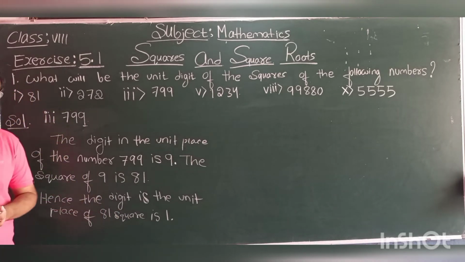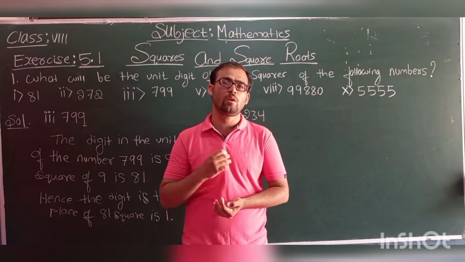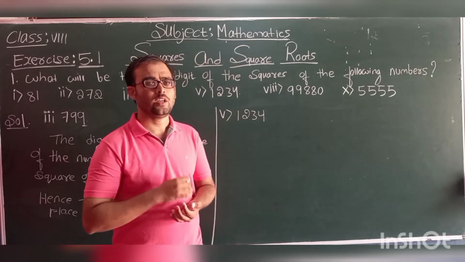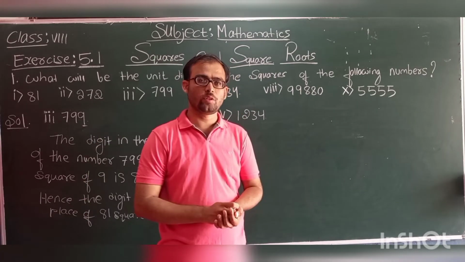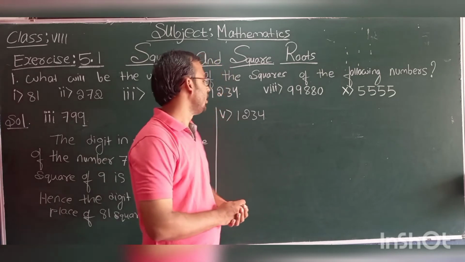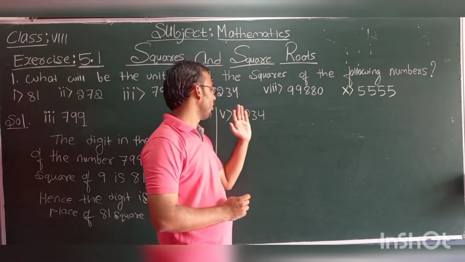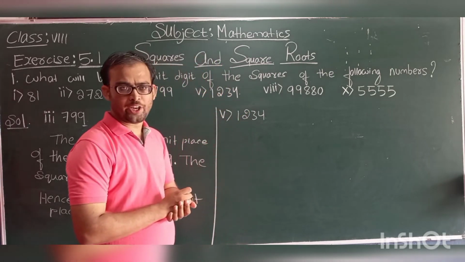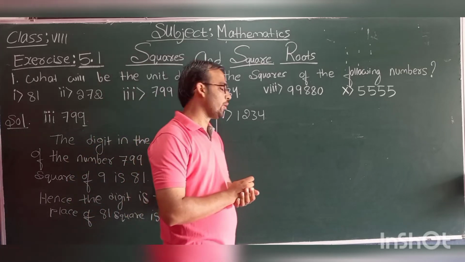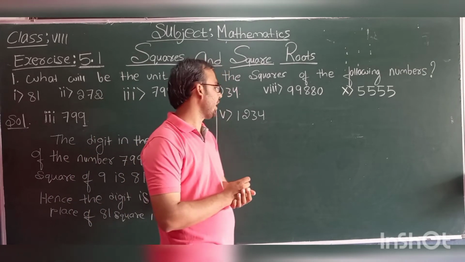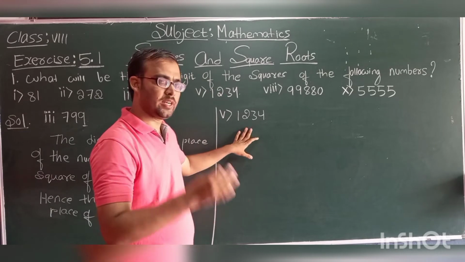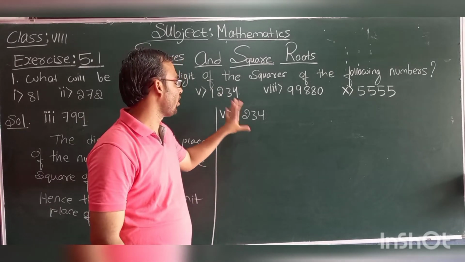Students, from this exercise I will be solving only some questions and you need to solve the remaining questions. Now we will solve the 5th question. What have they given? 1234. As I told you, only by looking at the last digit we can tell the digit in the unit place of the square of this number.